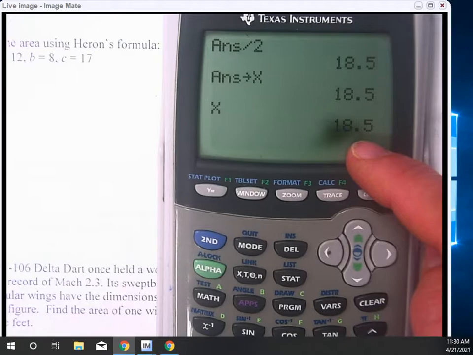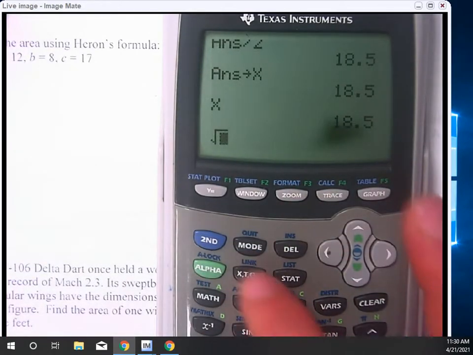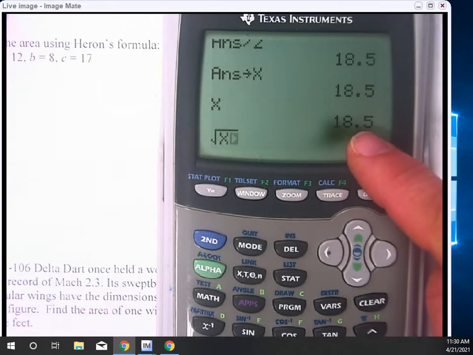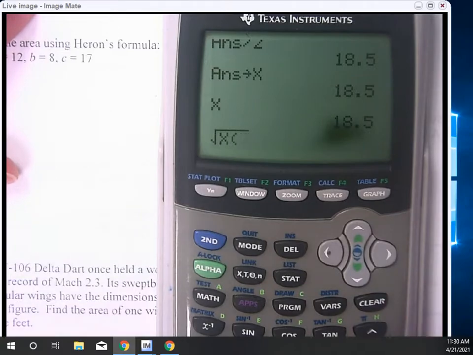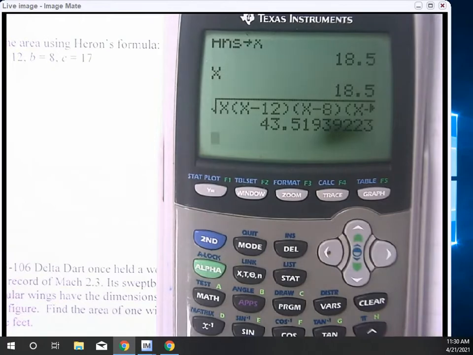Okay? Then I'm just going to do the square root and type it all in at the same time, but this time I'm going to use the X, which is my 18.5, and then do the perimeter. So X minus 12, close parenthesis, open, X minus 8, close parenthesis, open, X minus 17, close parenthesis, enter, and the area is 43.5.